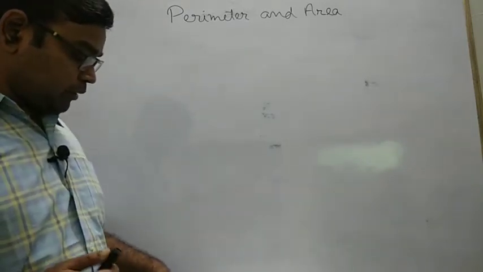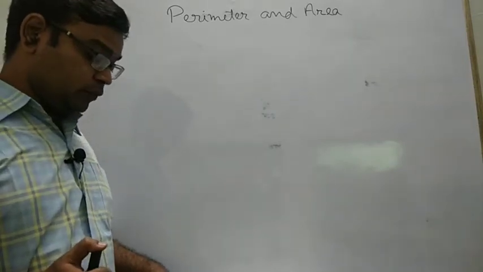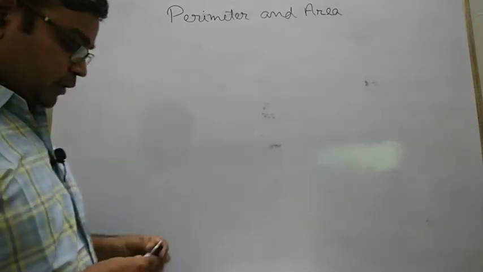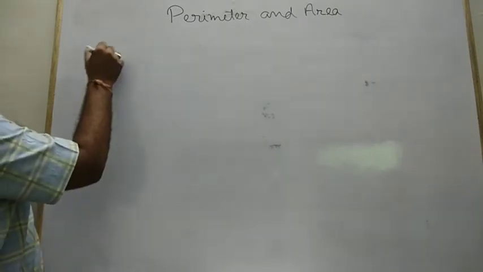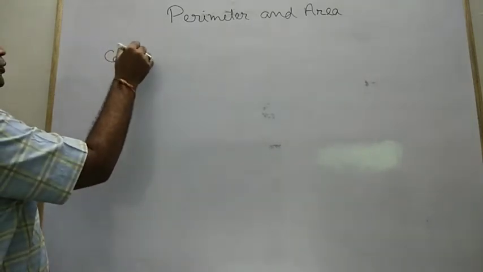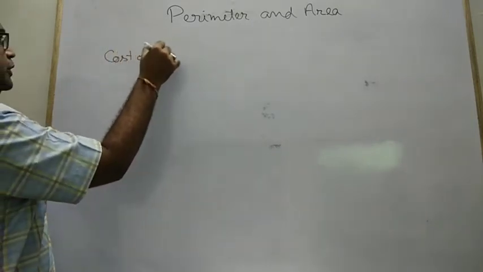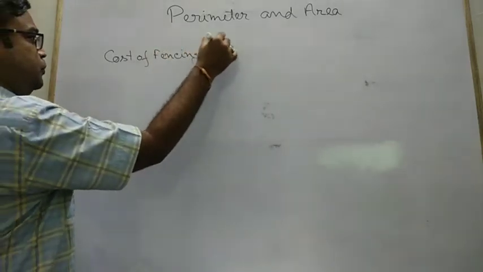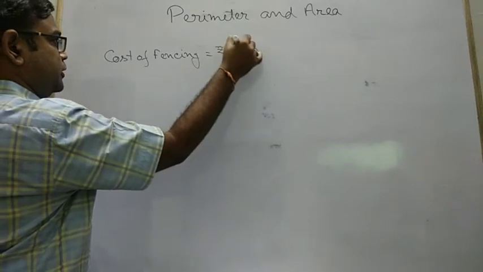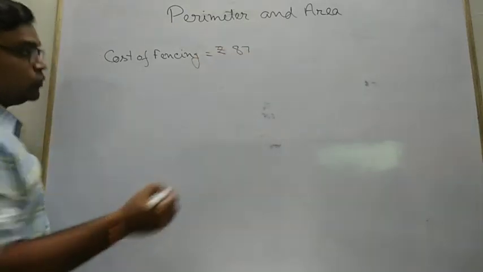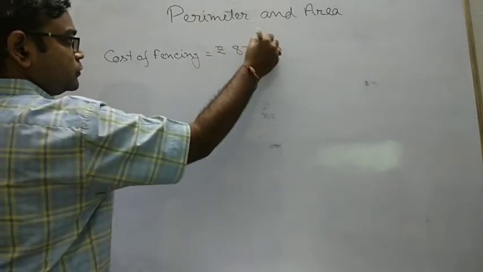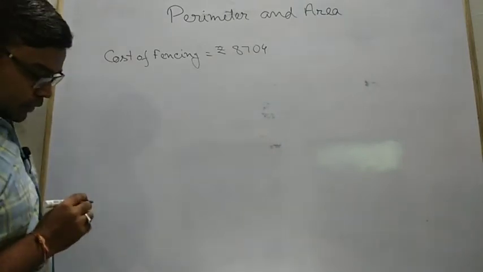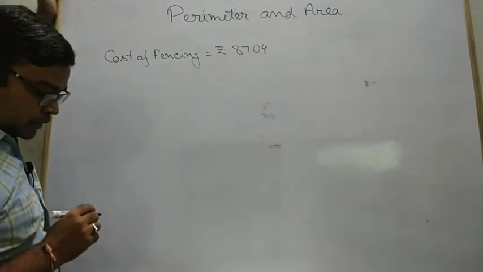It costs rupees 8704 to fence a square field. So what is the cost? Cost of fencing, we can say, is rupees 8704. Clear? And what is the rate?